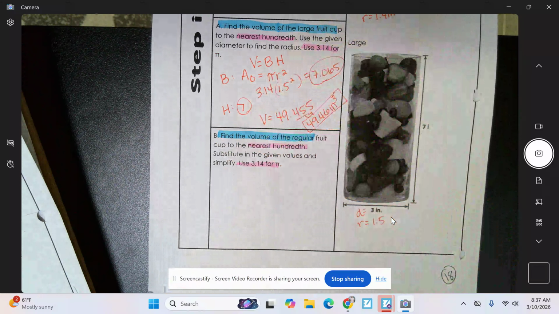So y'all do that. Find the volume of the regular size fruit cup.